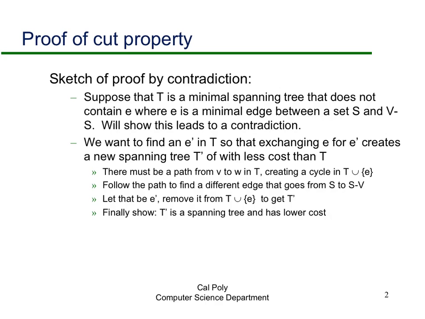So we've got a path from v to w, and by adding e, which connects v and w, we're going to get a cycle. If we follow that path around, we'll find that there has to be an edge, a different edge than e, between S and V minus S. Oh, sorry, this should be V minus S.